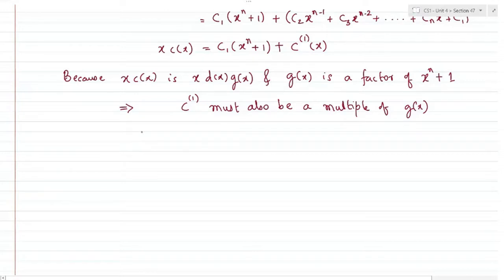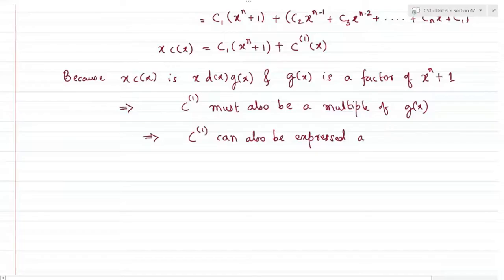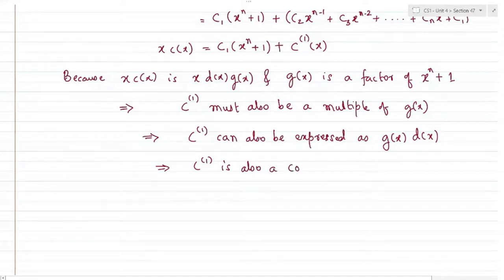So this implies that c of 1 can also be expressed as a multiple of g of x, which could be g of x times d of x for some vector d. Therefore c of 1 is also a code polynomial.